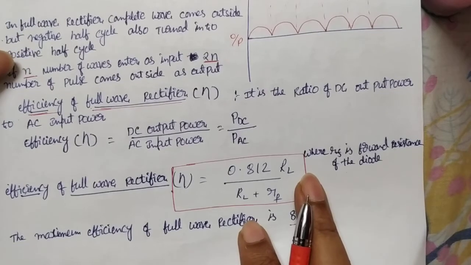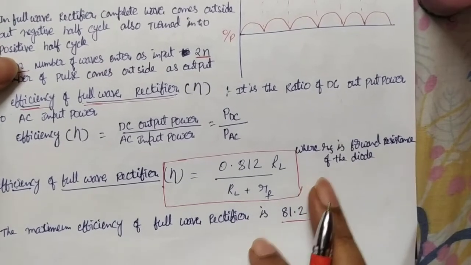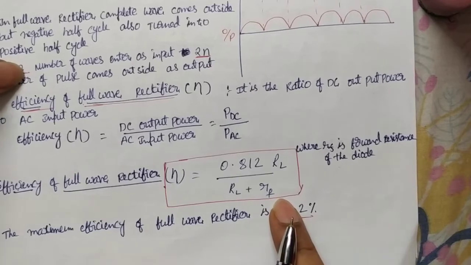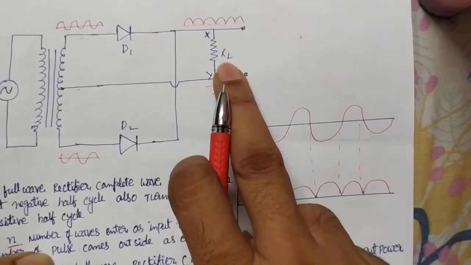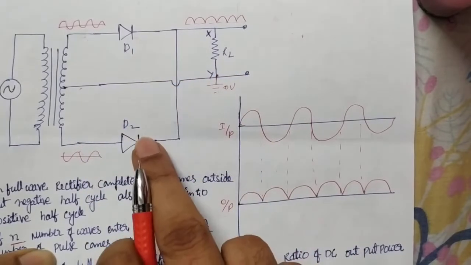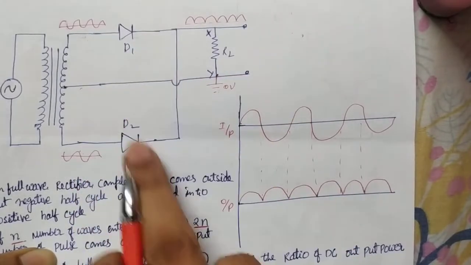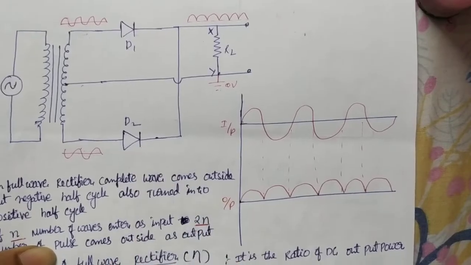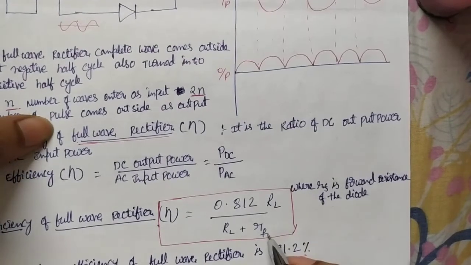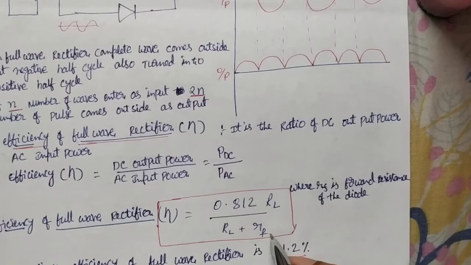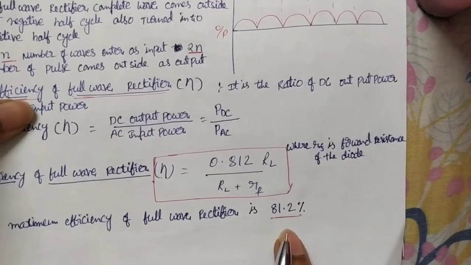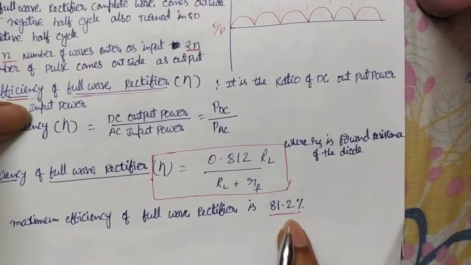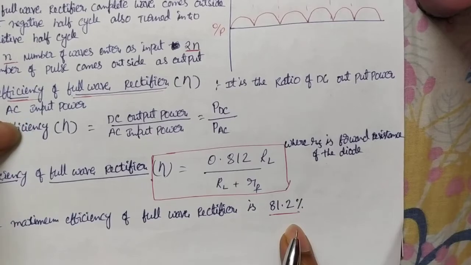There it was 0.406, so here it is 0.812 RL by (RL plus RF). RL is the load resistance connected here, and RF is the forward resistance of the diodes. If you take similar diodes, the forward resistance is actually very low. For an ideal diode it is 0, but some value must be there because no ideal diode exists. The maximum efficiency of this rectifier is 81.2%. More than this is impossible.